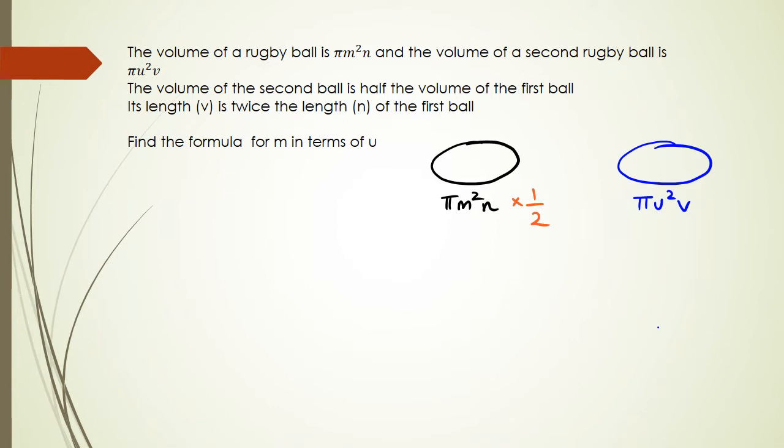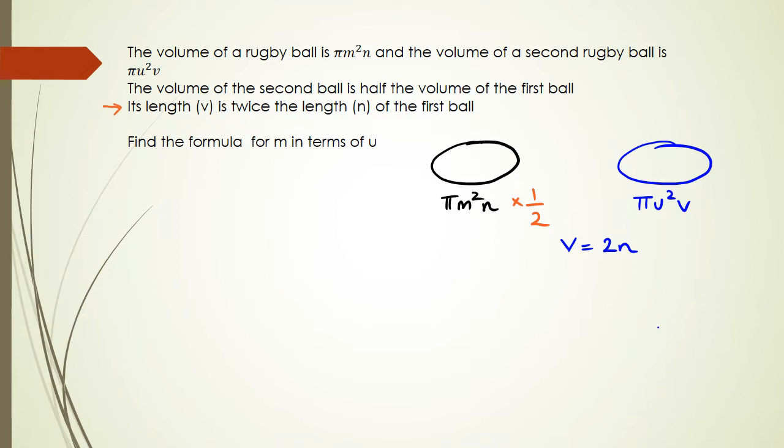Now the third line says its length v is twice the length n of the first ball, which means we also know that v can be written as 2 times n.